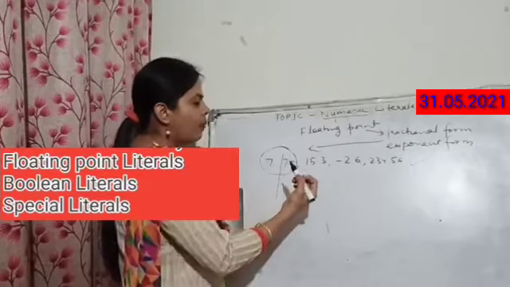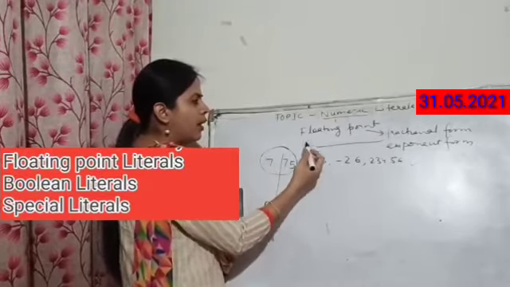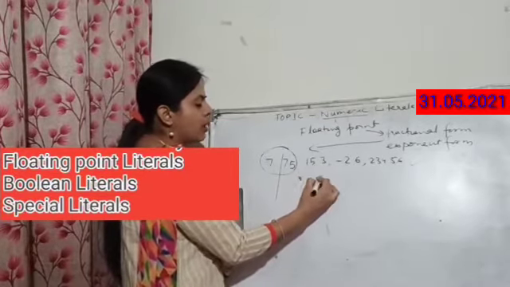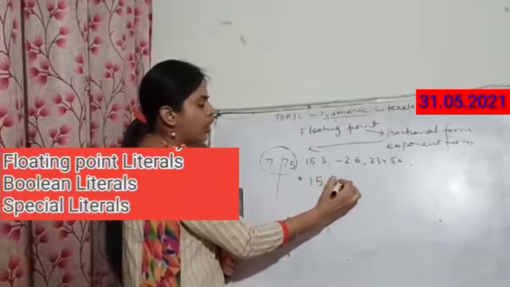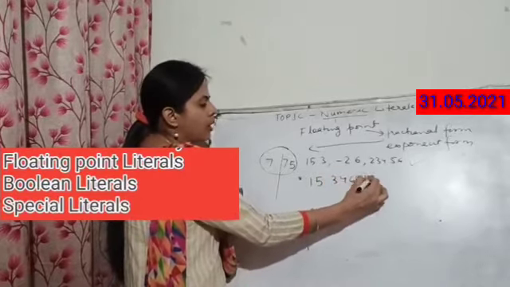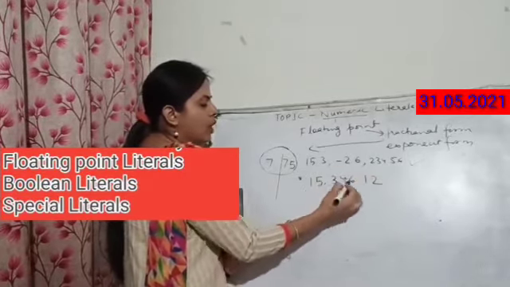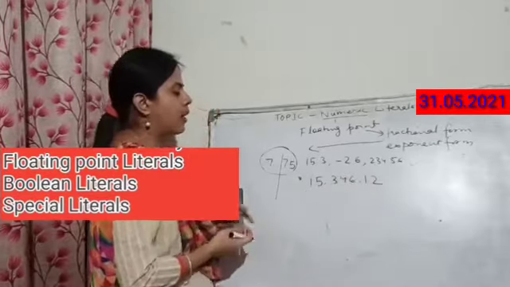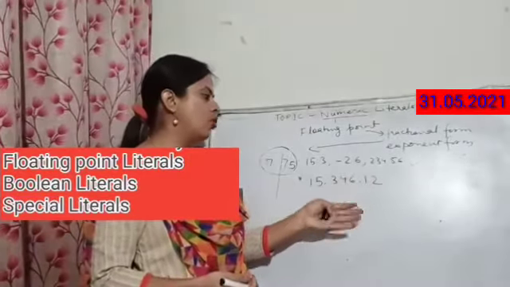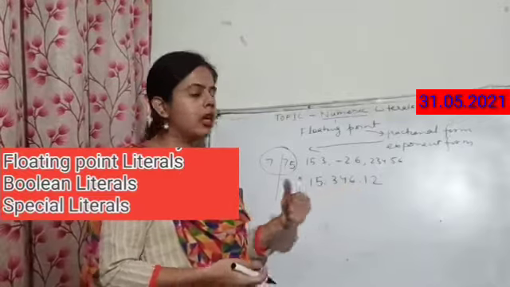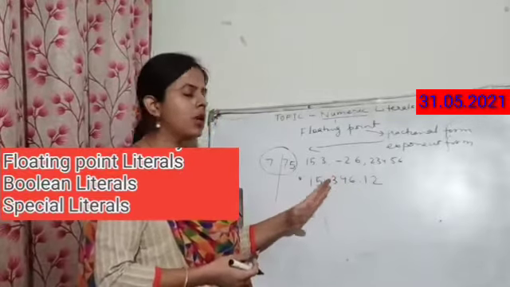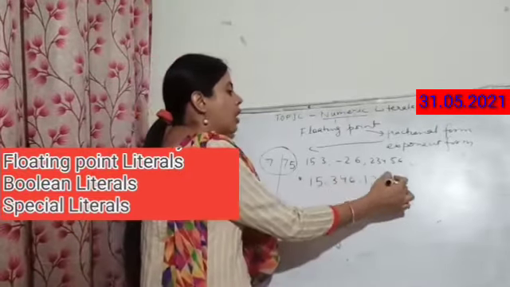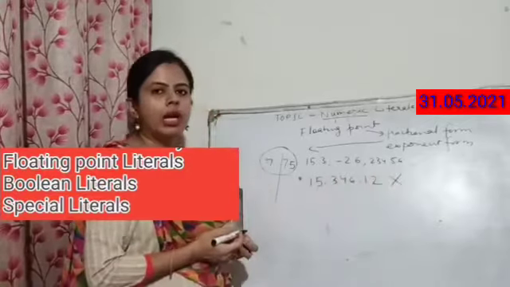Now let us see some illegal floating point literals. Suppose the number 15.346.12 is written. For creating confusion, you might think there is a point, so it is in fractional form. No, this is not a correct floating point literal.